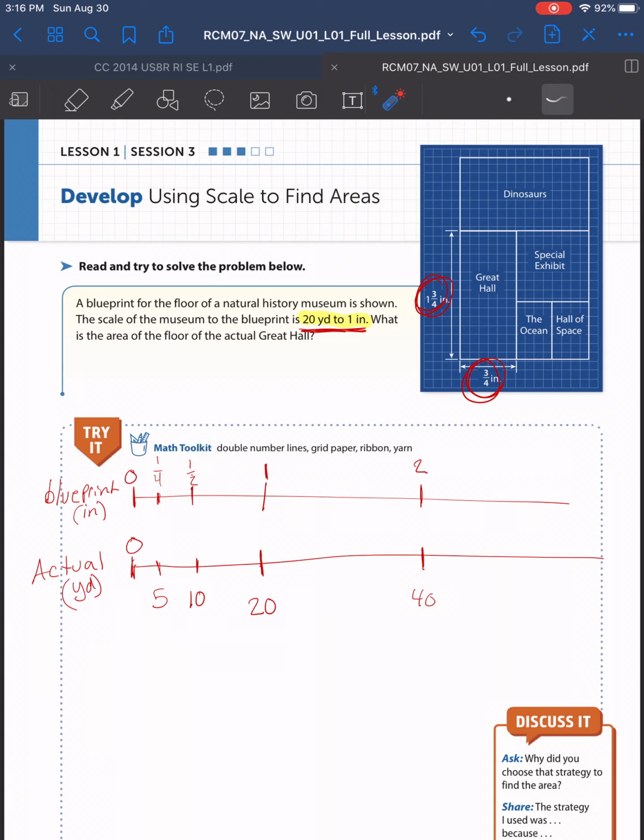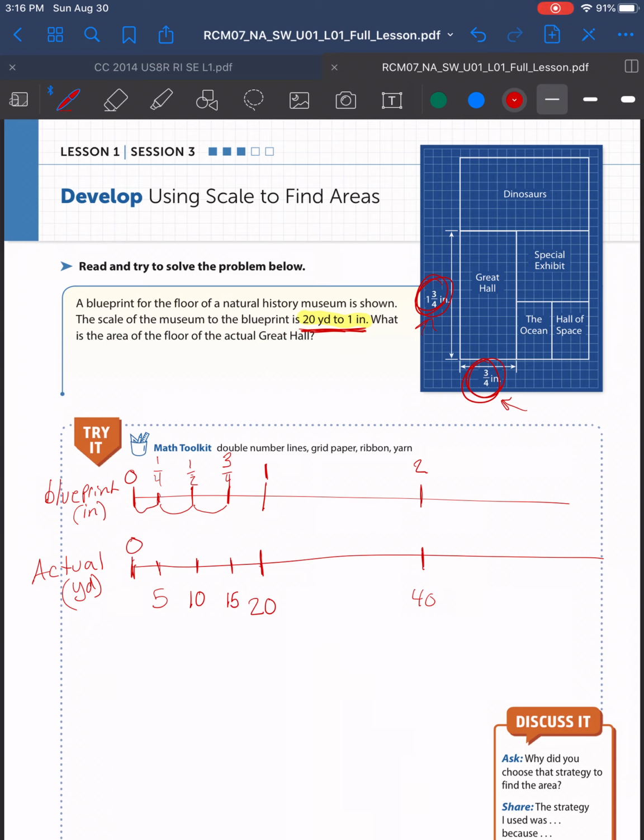It looks like I need to keep going because we're using 3/4 of an inch and we're using 1 3/4 inches. So I'm just going to keep going. If each of these intervals is 5, can't I also say that this is also 5? If I say 3/4 of an inch, okay, that'd be 5, 10, 15.